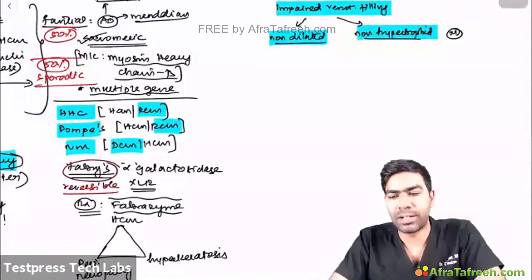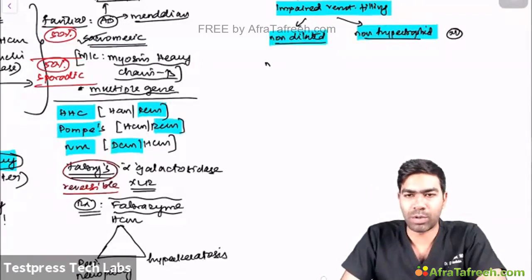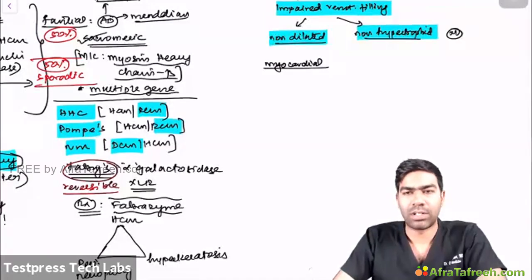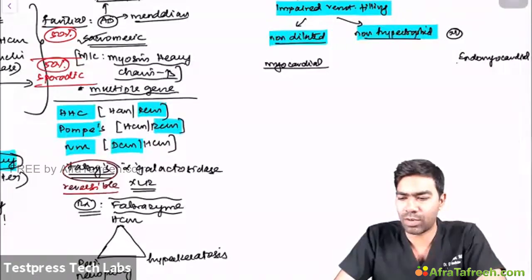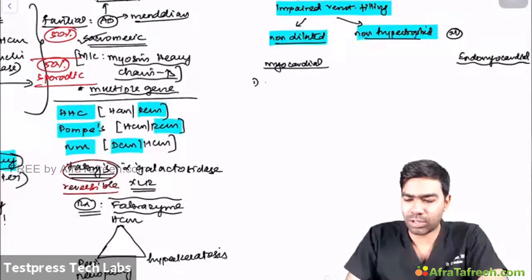I can divide the causes of restrictive cardiomyopathy into myocardial processes versus endomyocardial processes. First, the myocardial process involves only the myocardium, while some conditions rarely cause endomyocardial involvement, meaning the endocardium as well as the myocardium. As far as the myocardial process is concerned, CTDs are very important.